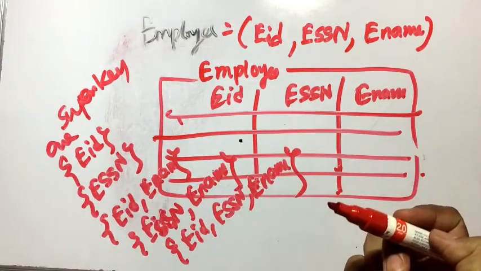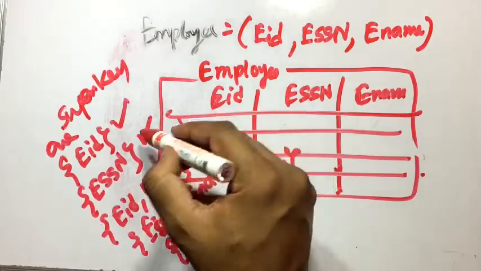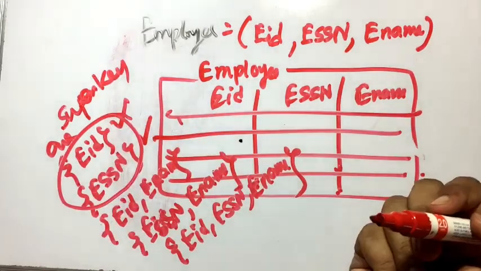All are super keys. Among them, EID and ESSN are minimal, so they are the candidate keys.